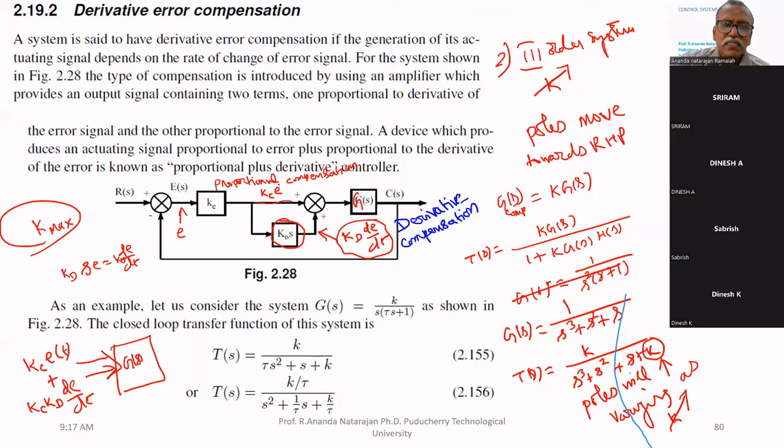This Kc multiplied by error is called proportional compensation. Already we have seen. So these two are added together, then it is given to the system. What we are giving as input to the system is Kc multiplied by error plus Kc, why Kc? Kc is before this branch, it is there. Therefore, Kc, Kd, d by dt. These two are input to the system. What will happen to the system that we will see now?